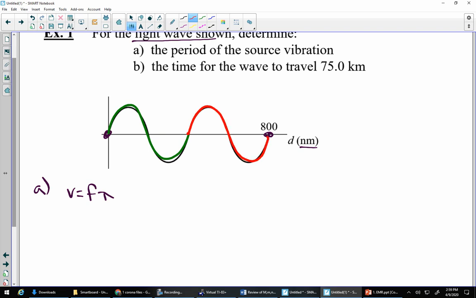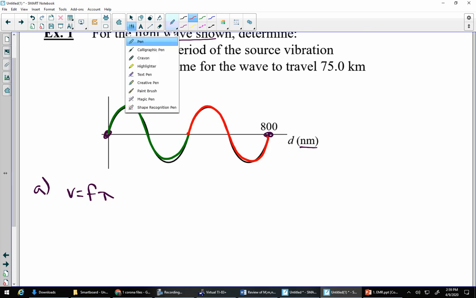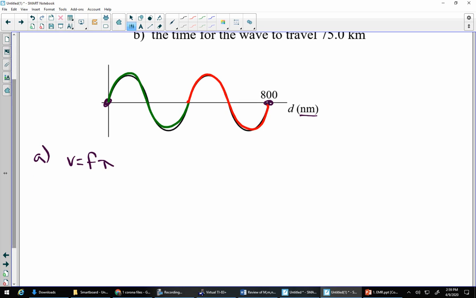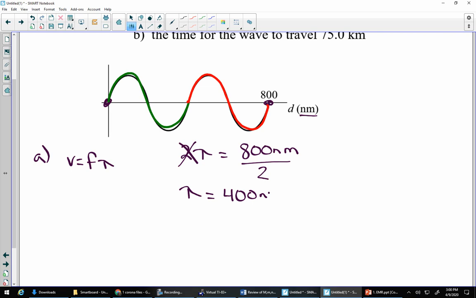So one wavelength in green, one wavelength in red. That means 2 wavelengths. I know that 2 wavelengths is equal to 800 nanometers. So if I wanted 1 wavelength, I just need to divide that by 2. So the wavelength is equal to 400 nanometers.